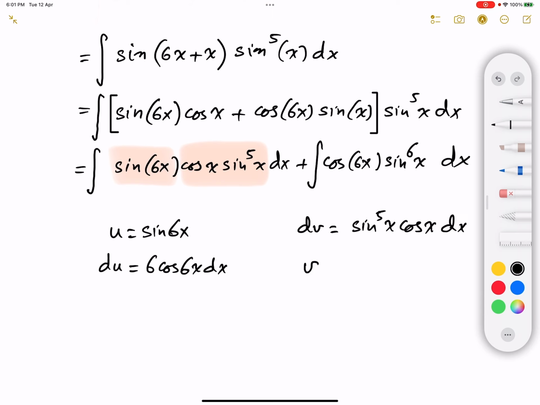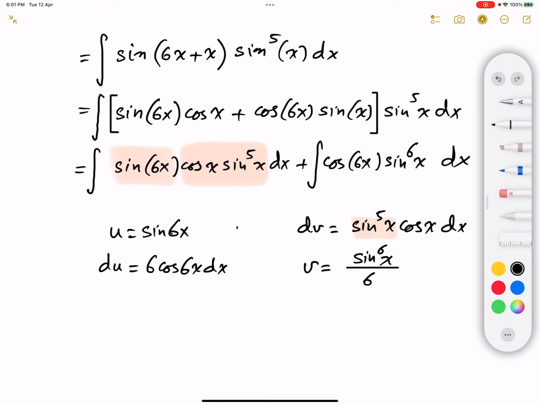We can notice here, guys, that the derivative of the sine is cosine. So by simple u-substitution, this is going to be sine to the power 6 of x divided by 6. That's going to be our v.